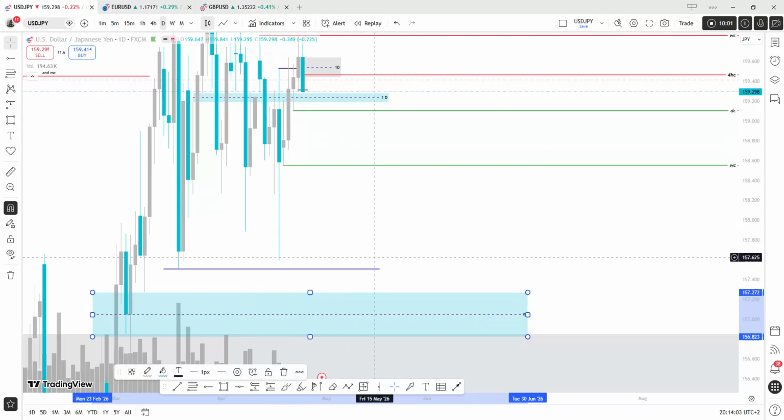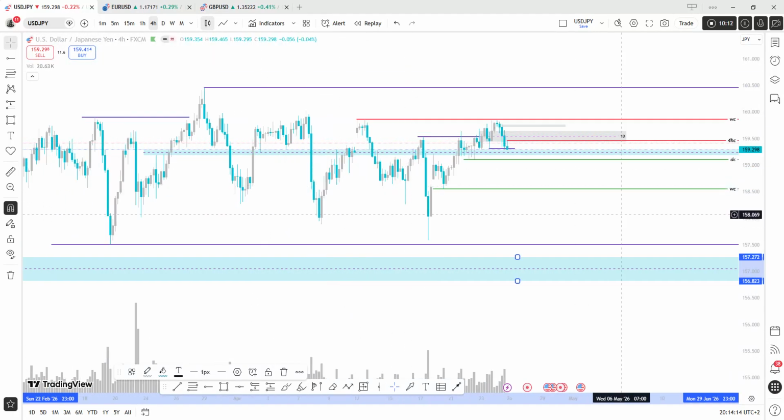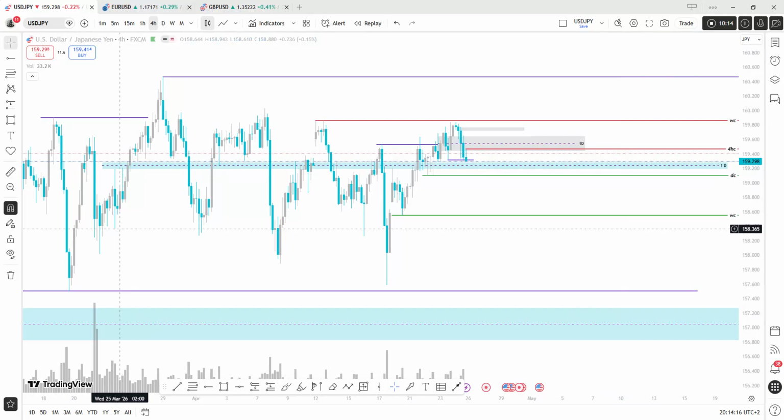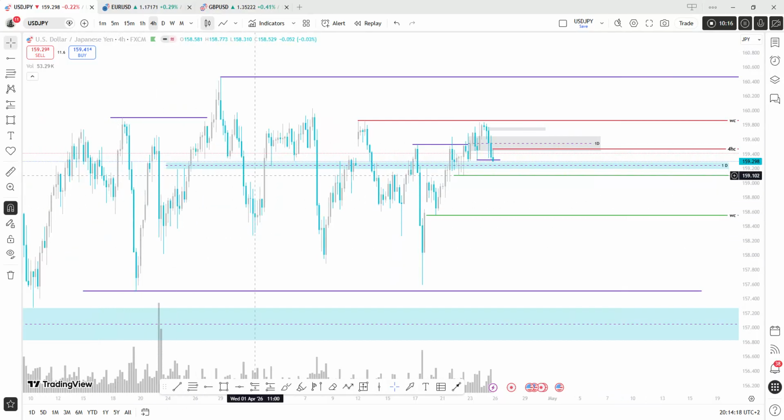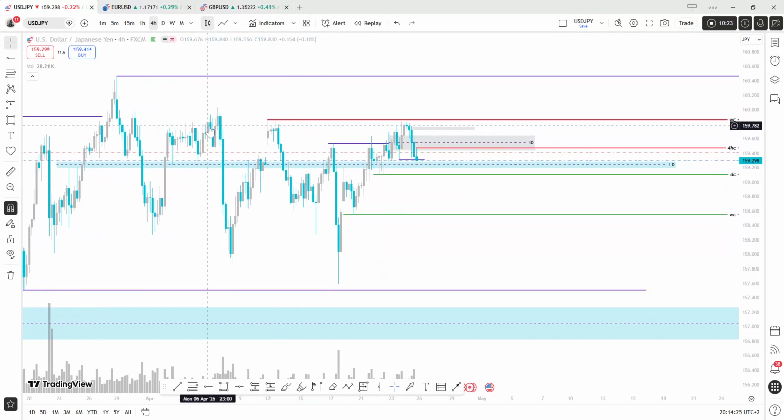So it's not very clear, the analysis, because the market is not very clear. It's consolidating right now. That's why lower time frames are better suited to look for trades.